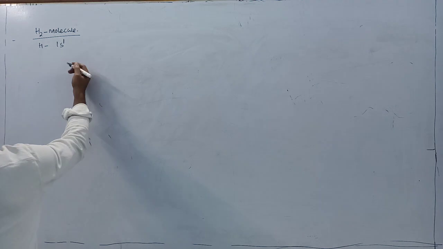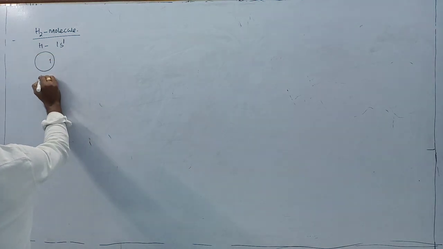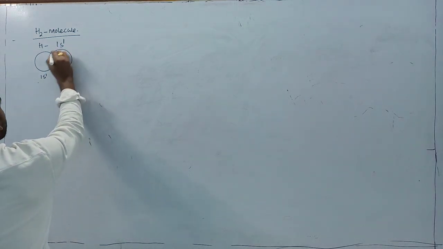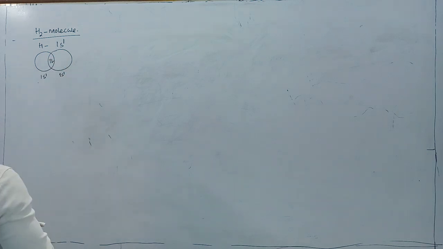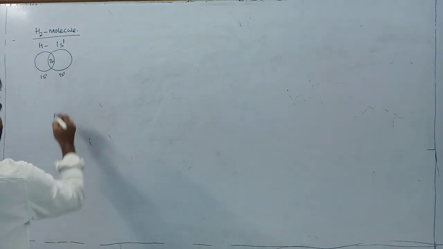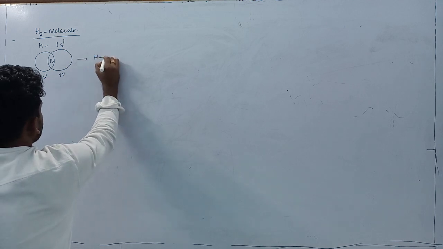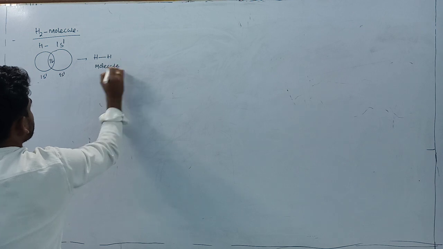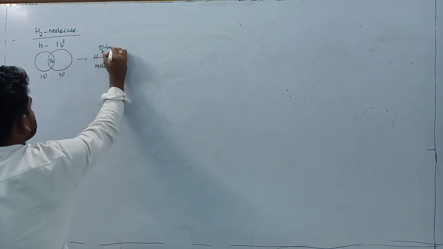In the orbital overlapping concept you can show it like this: one half-filled 1s1 orbital of one hydrogen overlaps with the 1s1 orbital of another hydrogen atom. These two orbitals overlap to form an s-s sigma bond. So this is nothing but the representation of the H2 molecule, and this bond is called a sigma bond.